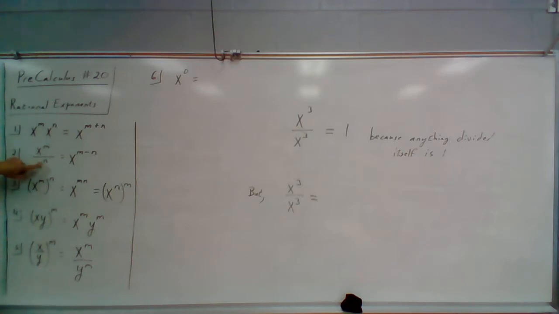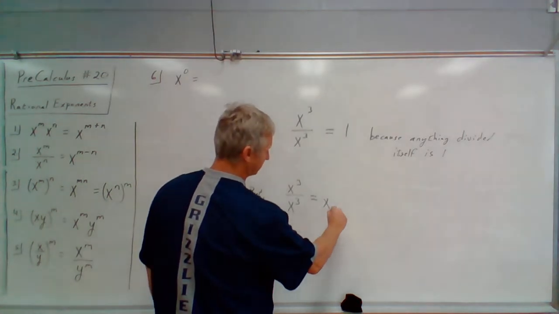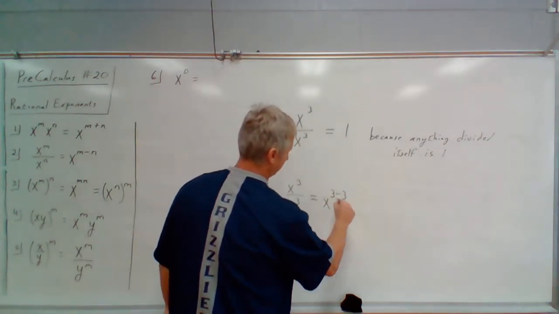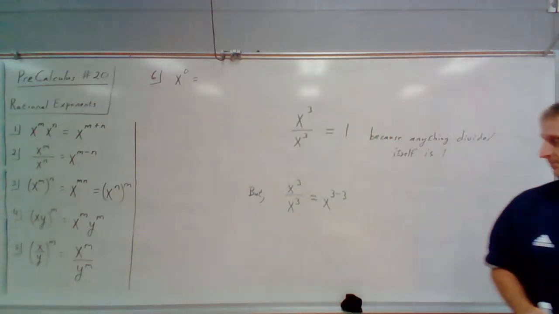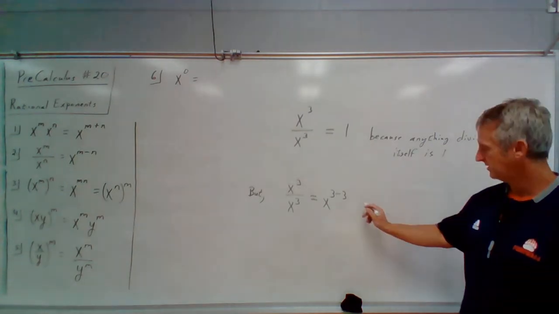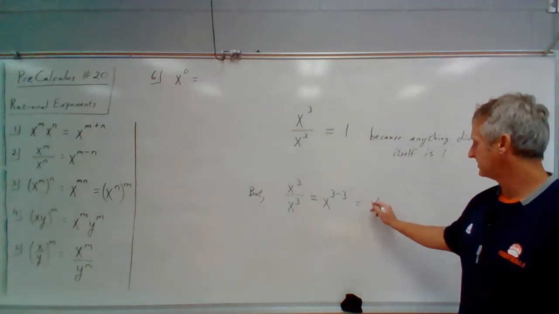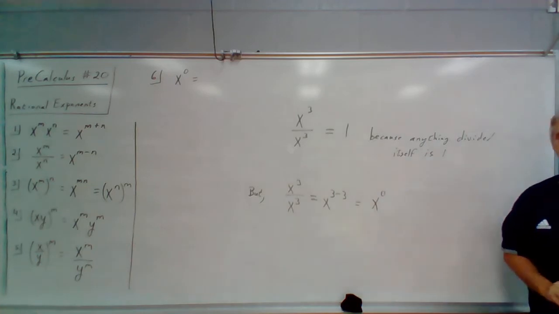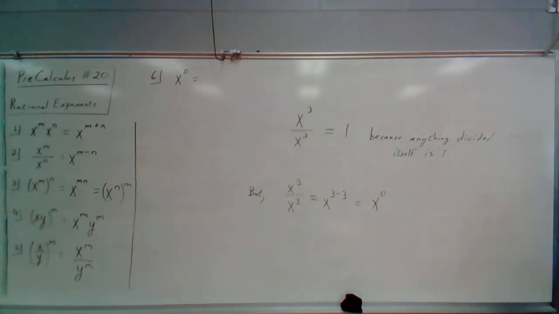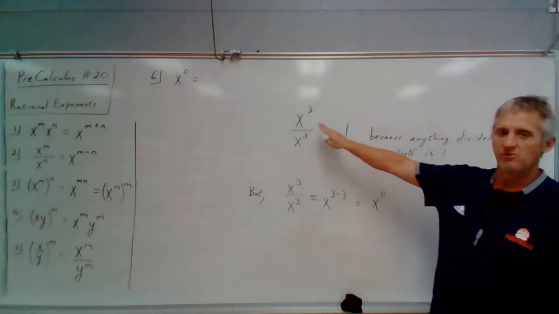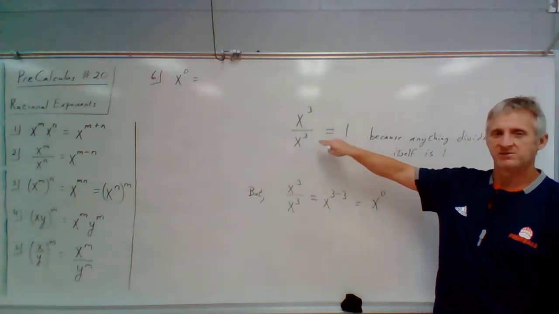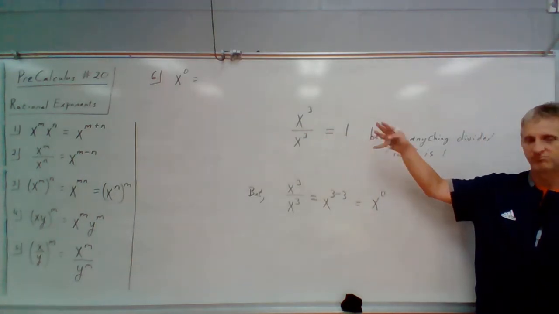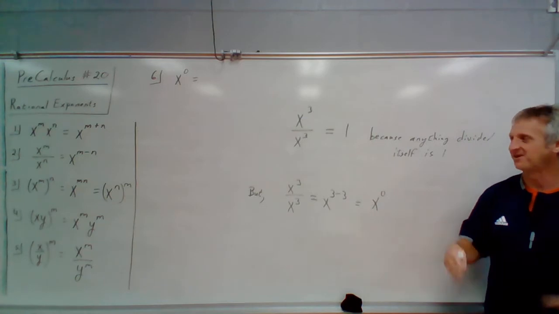Rule number 2 says I should subtract those exponents. So this should be equal to x to the 3 minus 3, by rule number 2. 3 minus 3 is 0, so I get x to the 0 power. Okay, so we know x to the third divided by x to the third has to be 1. I mean, that's just basic arithmetic. Anything divided by itself is 1.